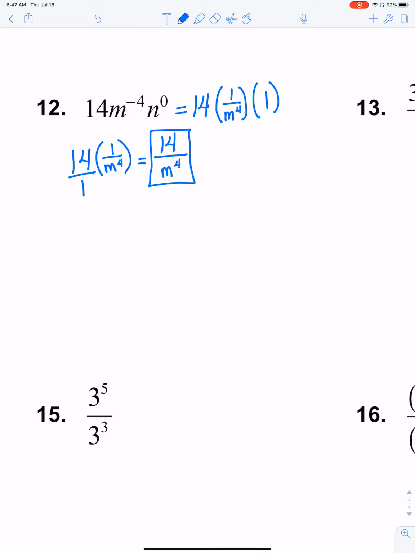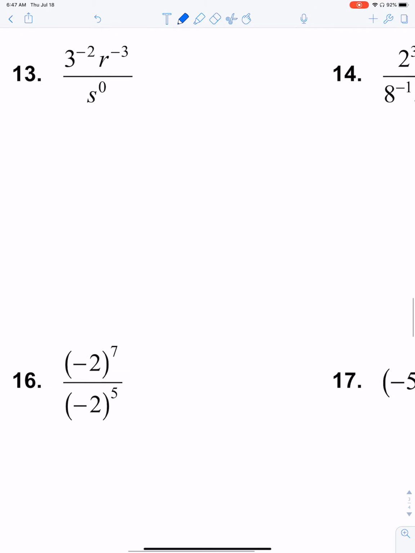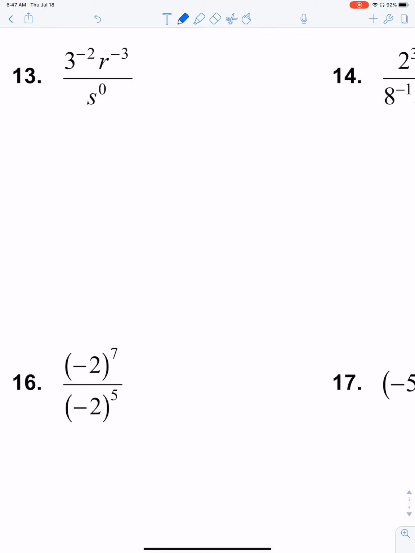If you take these problems step by step, they really do become much easier to handle. They can be overwhelming looking at something like number 13. However, if you take it one step at a time, it becomes okay. So, like I said, I'm going to get rid of any unnecessary information. So, 3 to the negative 2 I keep, r to the negative 3rd I keep, but s to the 0 is 1.